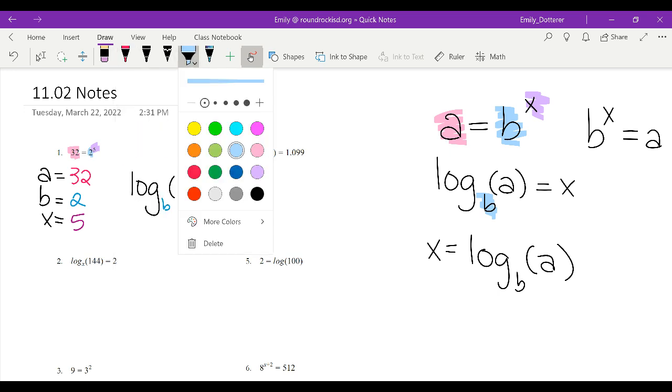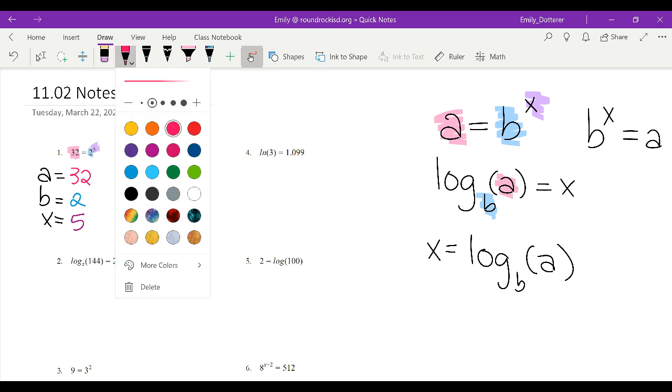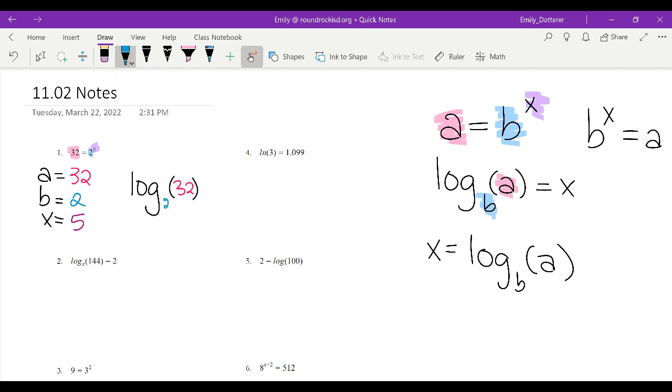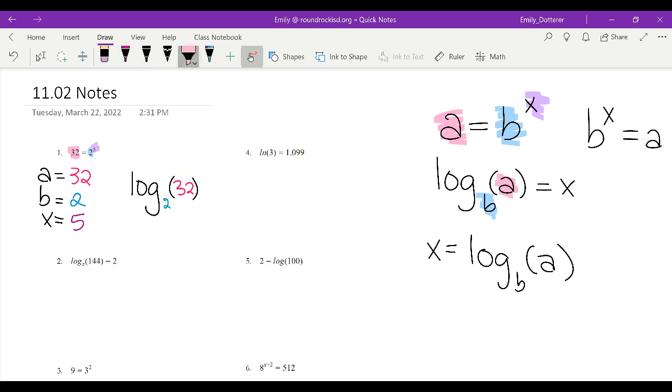A is the number inside the parentheses, which is 32. Two. And x is our exponent. For the log, it's what the logarithm equals. So in this case, it equals 5. And that's it.